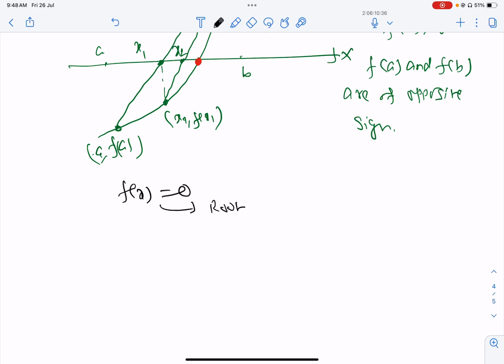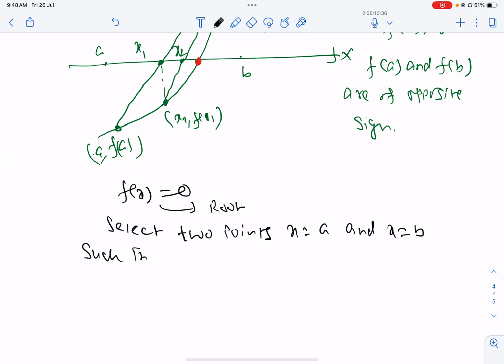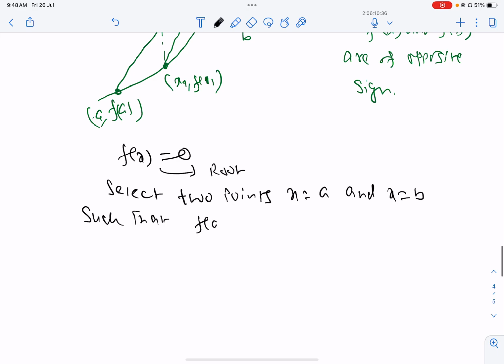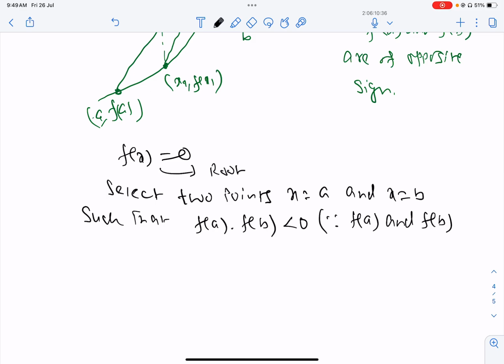Okay, so we select two points, say x equal to a and x equal to b, such that f(a) multiplied by f(b) is negative, or you can say that f(a) and f(b) are of opposite sign.